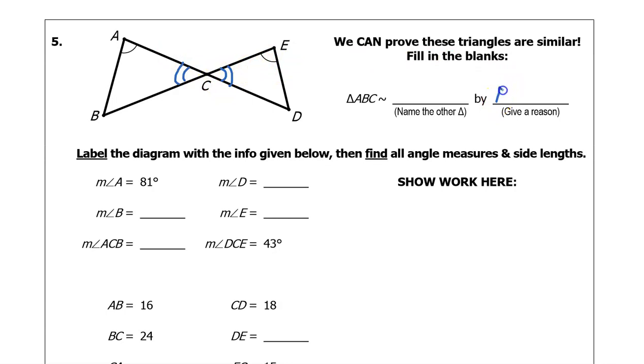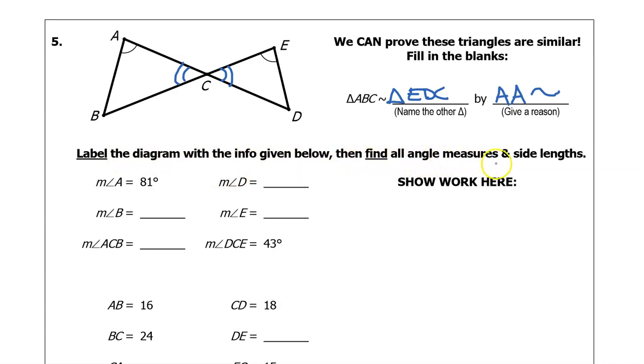So these triangles will be similar by angle-angle similarity. And we can go ahead and say that triangle ABC is similar to triangle EDC by angle-angle similarity.